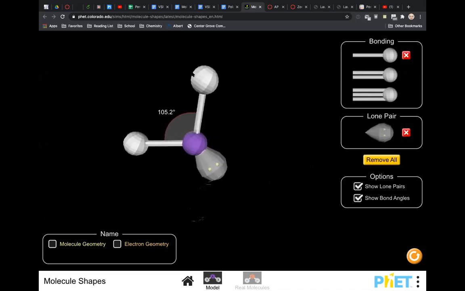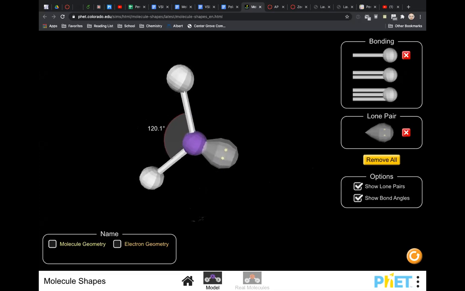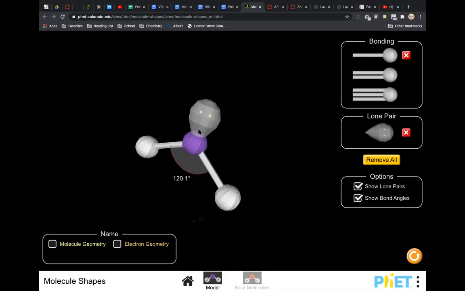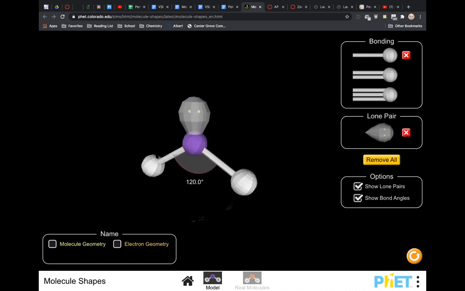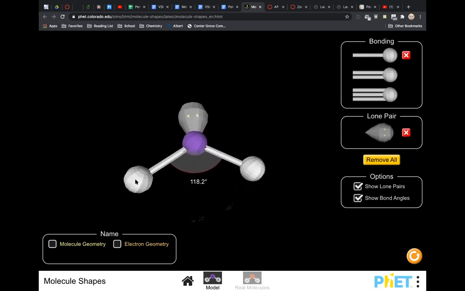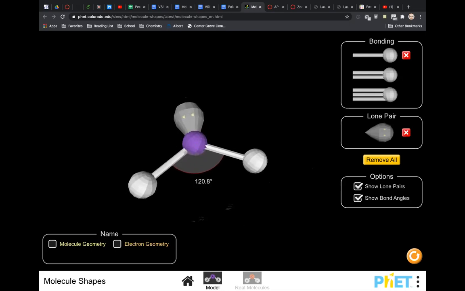In this diagram, they don't show the angle between the lone pair and the bonds, but it would be 120 degrees. So this is what we're talking about with the high electron dense areas.